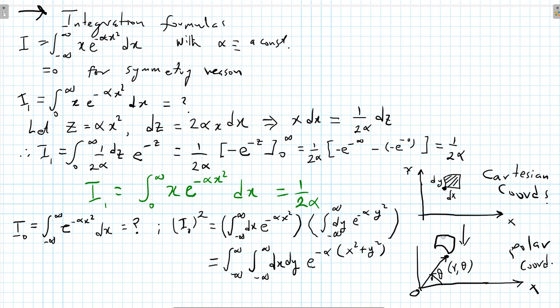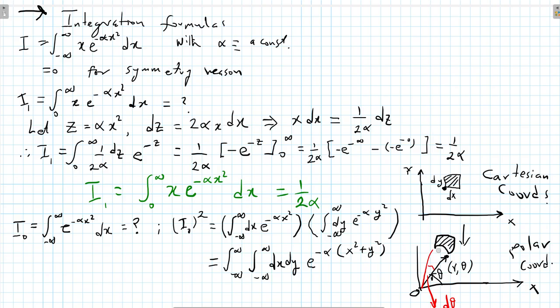In the polar coordinate system, the area element is represented this way. If I change theta from theta to theta plus d theta, maybe it's good if I try drawing here. This changes by an amount d theta.